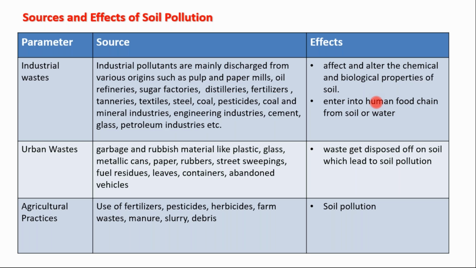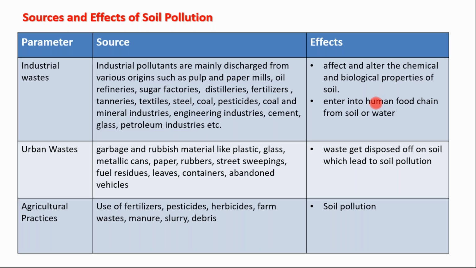So that is the major concern of soil pollution. Basically, if you talk about pesticides, some pesticides mix with the food and enter into the human food chain from these foods or crops.